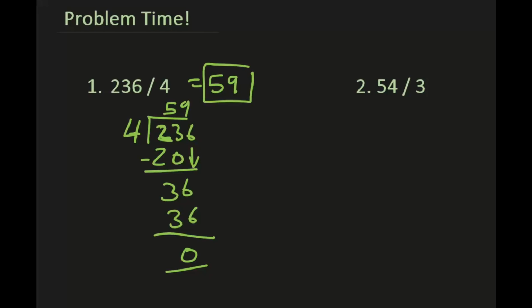Now let's do the next one. 3, and then we're going to write 54. Great. So now let's divide. You know that 3 times 1 equals 3. Now we subtract and we get a remainder for this part of 2. Now we're going to bring the 4 down. 24.